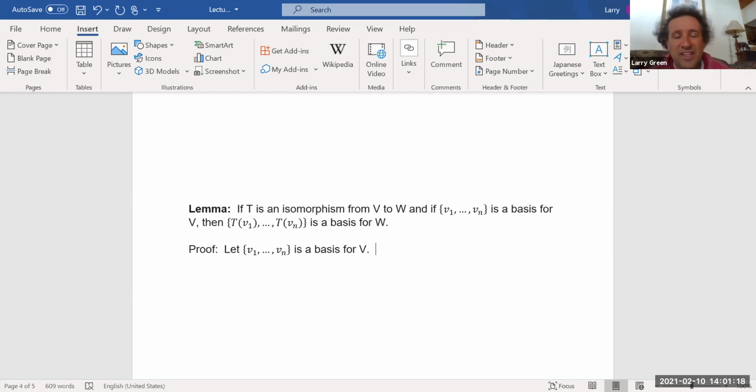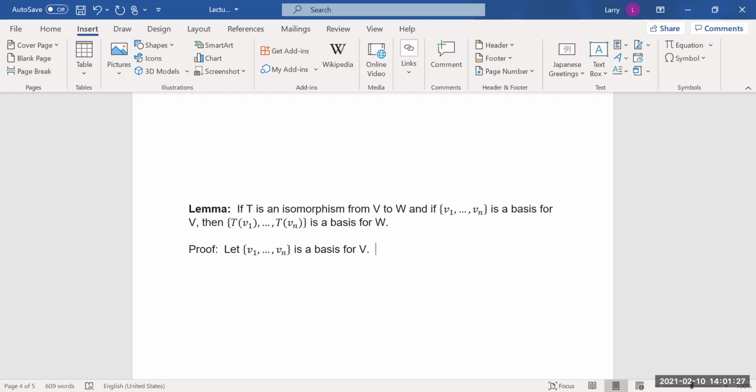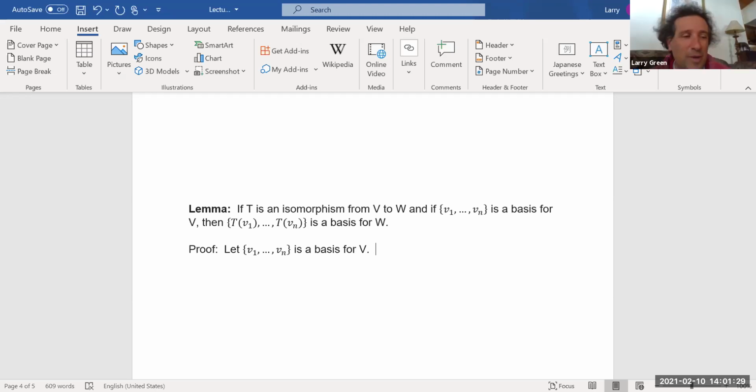T is an isomorphism, right? So what do we know about the dimension? It's square. Yeah, it's going to have to be square, which means you only have to show one of them. But maybe I'll show both because that may not be so obvious.